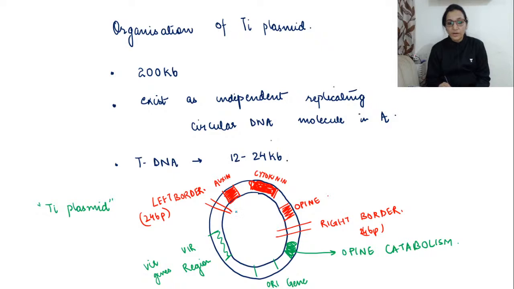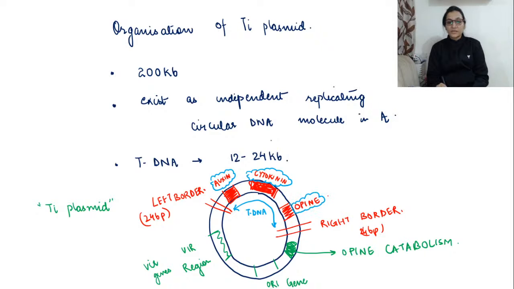Now let us talk about this tDNA part. This part is still here, it is tDNA, right? So we'll talk about tDNA. This region has the genes for the biosynthesis of auxin. Then it has the gene for the biosynthesis of cytokinin, and then it has the gene for opine.